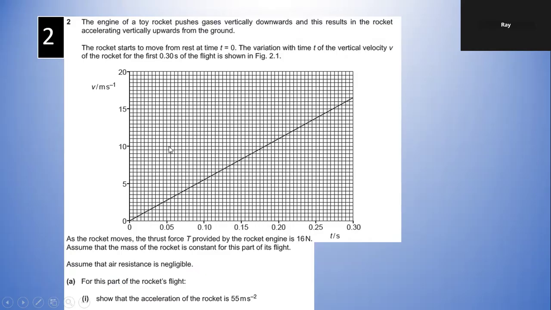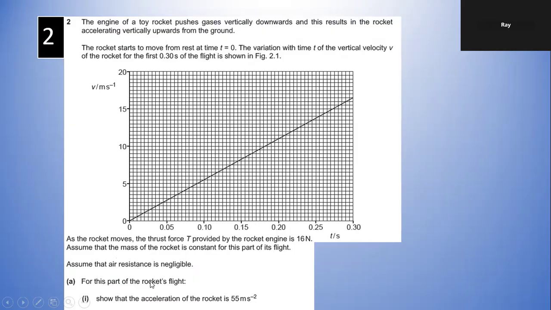That's the diagram. As the rocket moves, the thrust force T provided by the rocket engine is 60 Newton. Assuming that the mass of the rocket is constant for this part of the flight, and air resistance is negligible, show that the acceleration of the rocket is 55 meters per second squared.